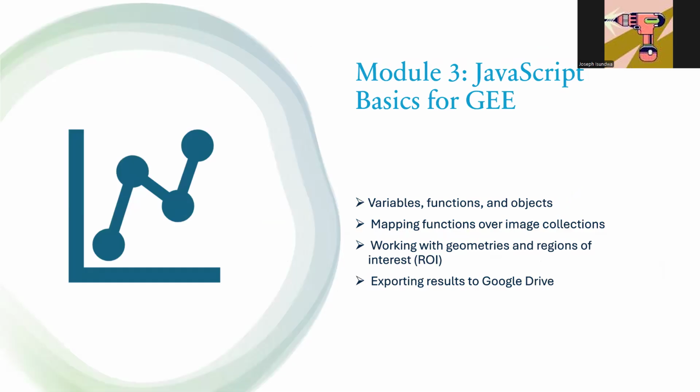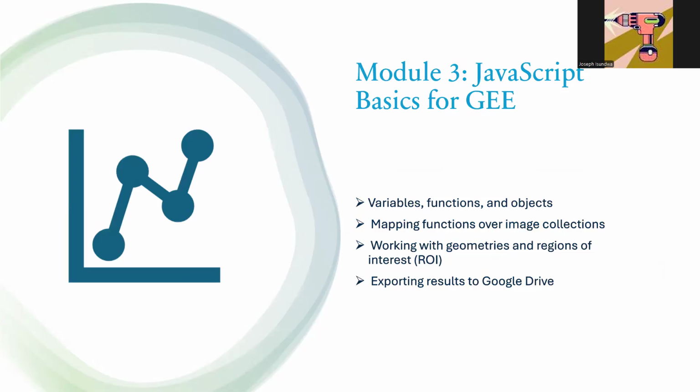The next module that we are going to do, we will go into JavaScript basics in Google Earth Engine. For those who have come across Google Earth Engine, you understand that you either use the Python language or you use the JavaScript language. In this course, we are going to use JavaScript for most of it. Maybe we can look into the Python API just as an introduction.